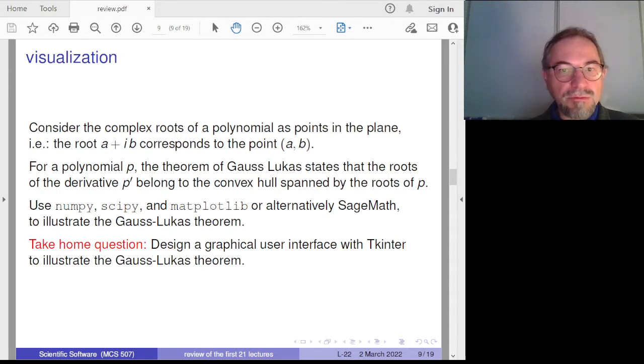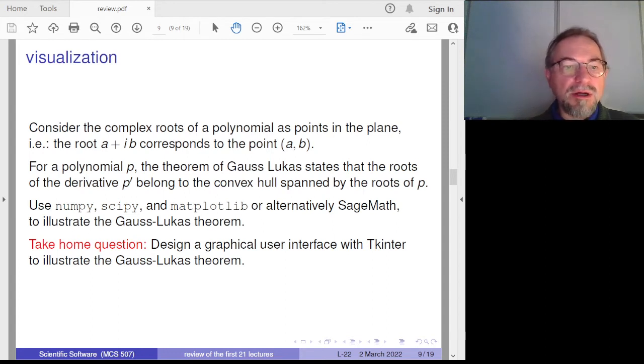So how long would it take you to actually take a random polynomial, compute the roots, take the convex hull of the polygon, and then plot the polygon?